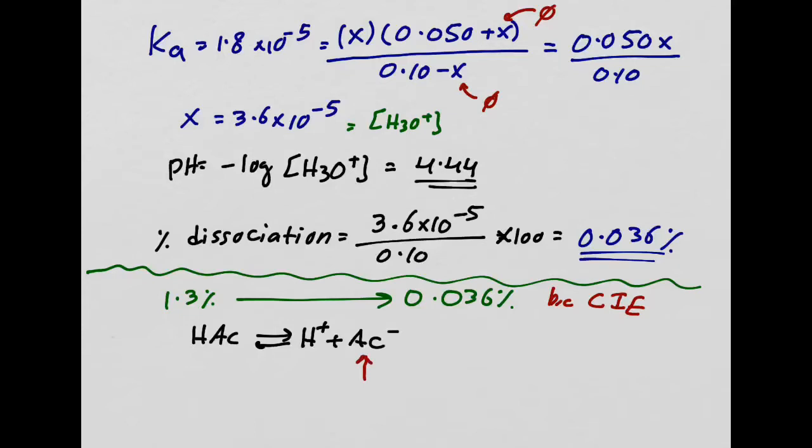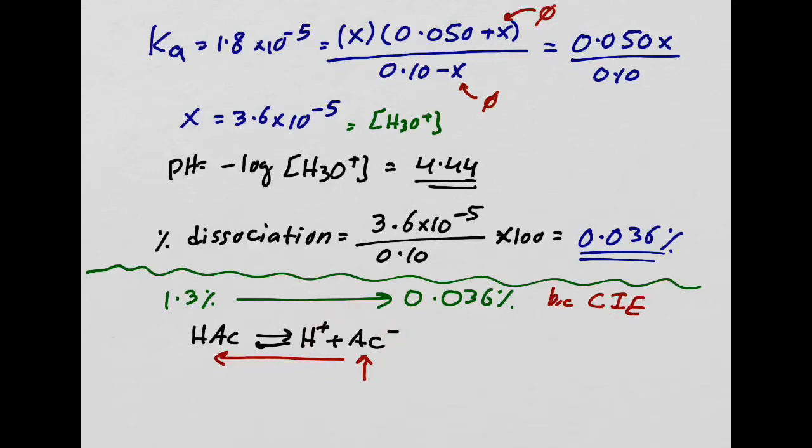So if I add the acetate, the equilibrium is going to shift to the left. So I have less of this going on. So the common ion makes the dissociation go down because the equilibrium is shifted to the left. So percent dissociation goes down. I have less of this now. I have less of this.